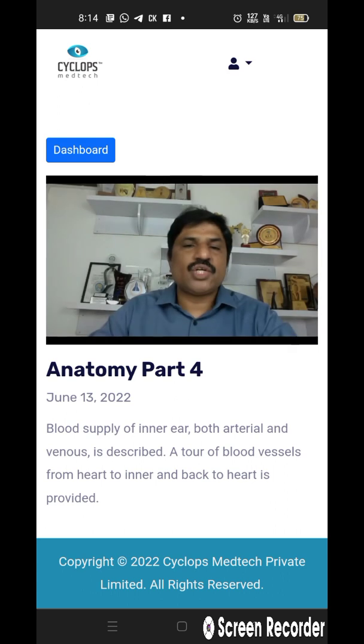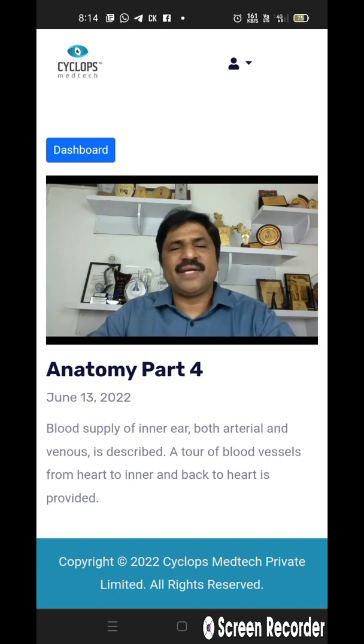So we took a tour of the entire blood supply, starting from the arch of the aorta all the way to the inner ear, and then from the inner ear, we traced the venous drainage back to the heart.